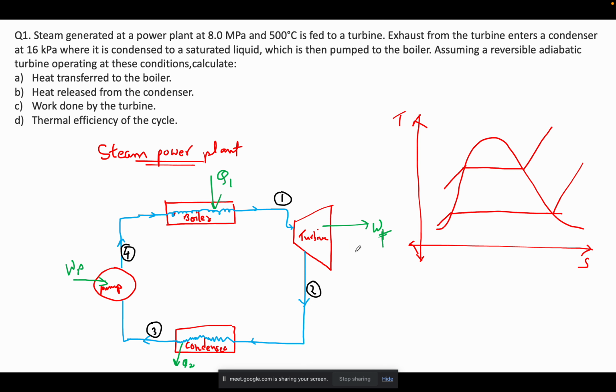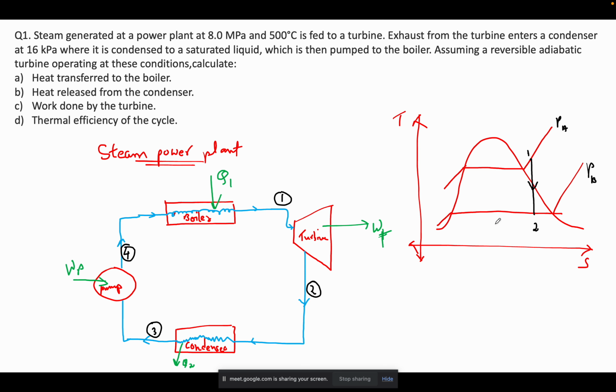Suppose this is your pressure PA, and this is your pressure PB. There are two pressure levels, and this is your point 1. This is superheated steam, which is generated after it passes through the boiler. This superheated steam will now get isentropically expanded, so S remains constant, and then it will reach state 2.